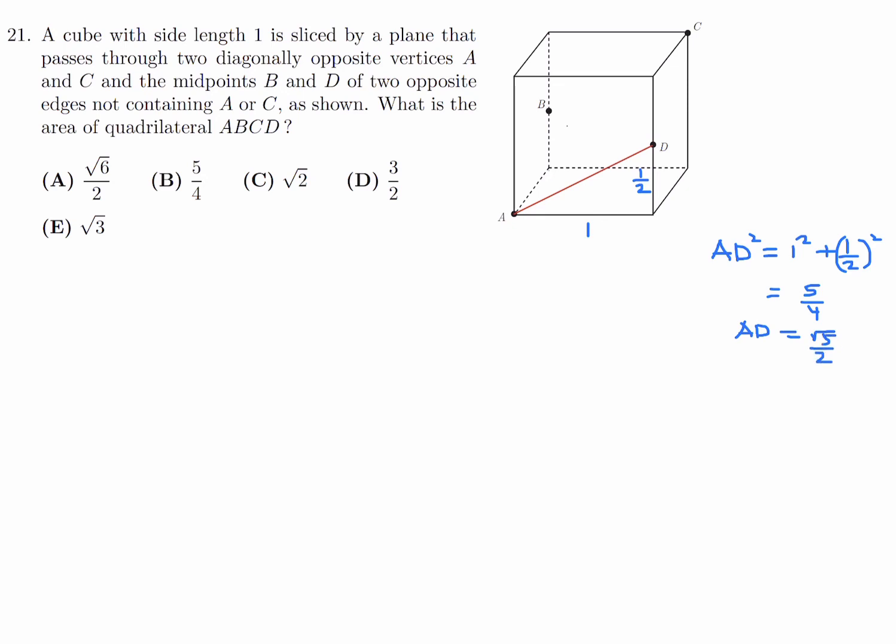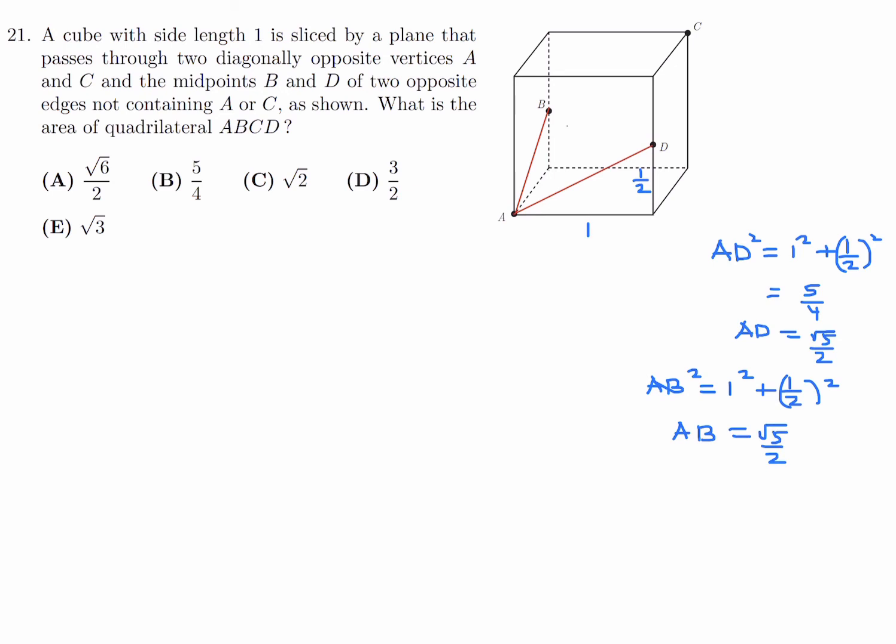And in a very similar way, we can figure out all the others. A to B, for example, and that is going to be AB squared is equal to, the distance from here to here is 1 because that's the side of the cube. The distance from here to here is a half since B is the midpoint. So again, we get the exact same result, that AB is equal to root 5 over 2.